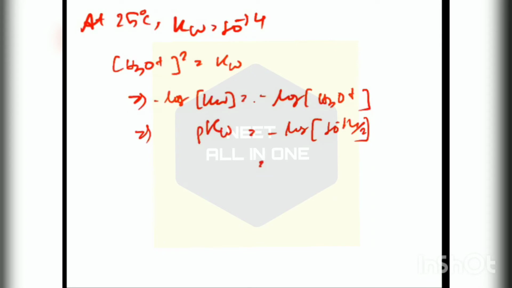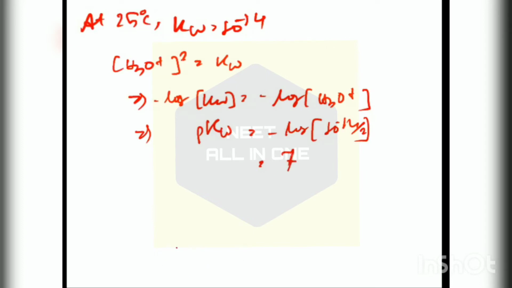Now you are all thinking, why did it become divided by 2 and all that? Because it has power 2, so it will be divided by 2, we all know. So then it will come to 7.